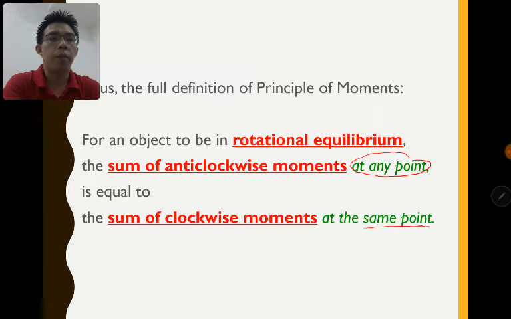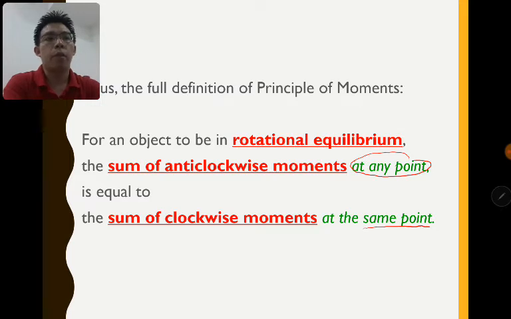So for any point that you pick, the clockwise and anti-clockwise moments must be equal if the object is at equilibrium. You can pick any point other than the three points I mentioned, any point along the rod. The only thing that changes is the distance from the point of moment.